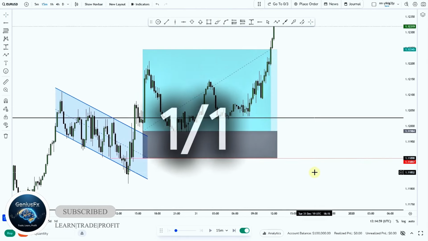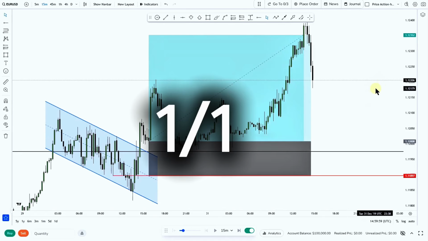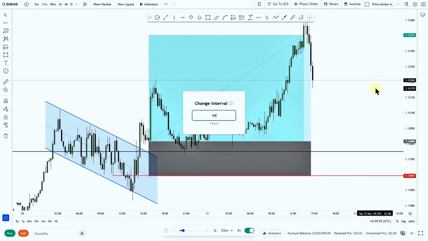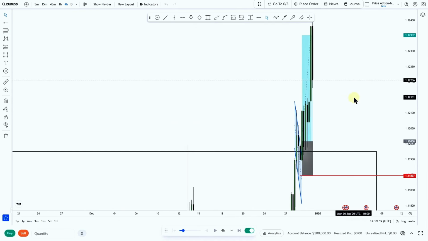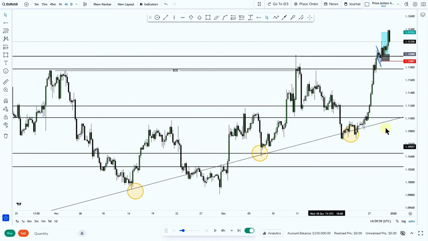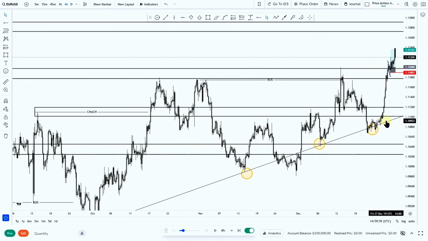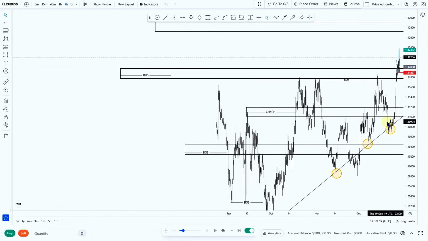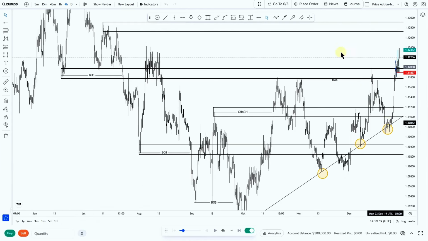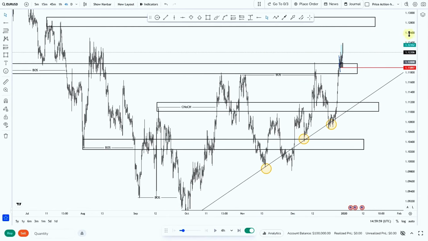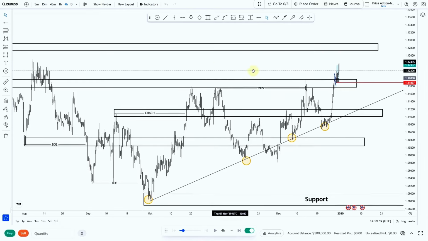TP hits. Now let's go back to the 4-hour chart and review price. And price has just broken above the previous area of interest. But where it is sitting now, there is another high here. Let's mark it out.